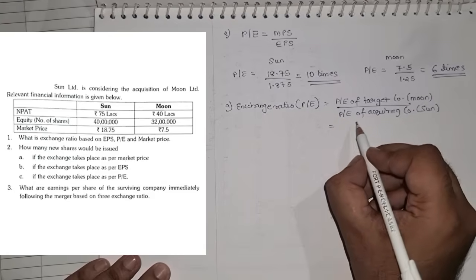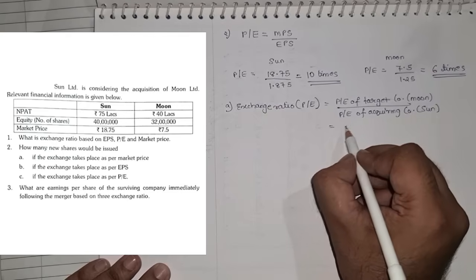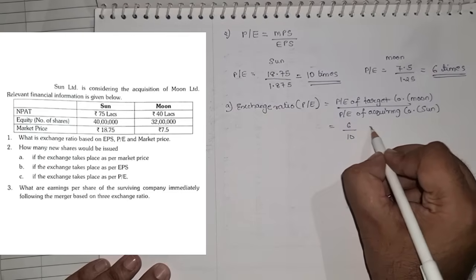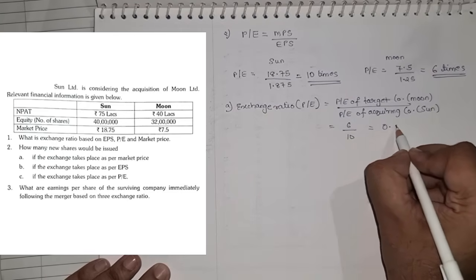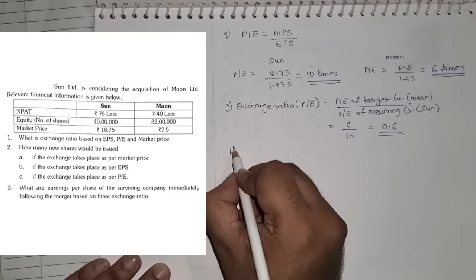So here the PE was very simple, it's 6 upon 10. So 6 divided by 10, we will get the value as 0.6 as the exchange ratio.